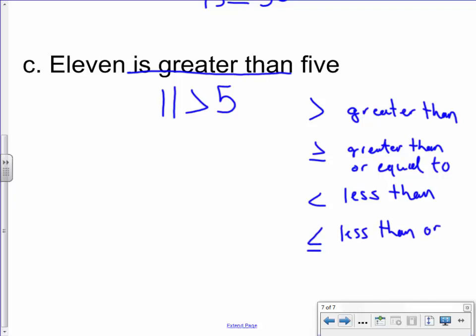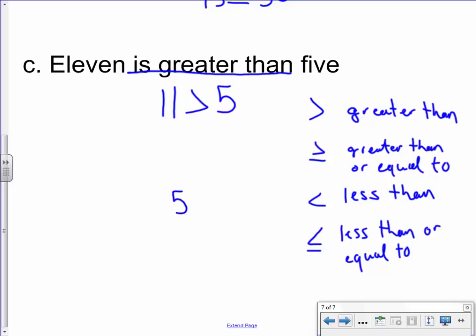We can change the inequality. If I looked at 11 is greater than 5, okay, if I wanted to write the equivalent inequality to that, I could switch it. So I have 11 is greater than 5.